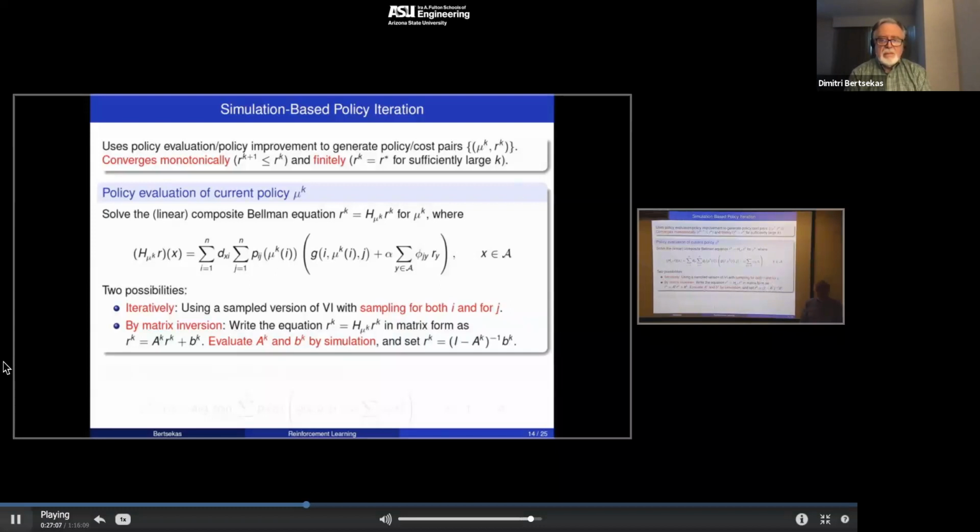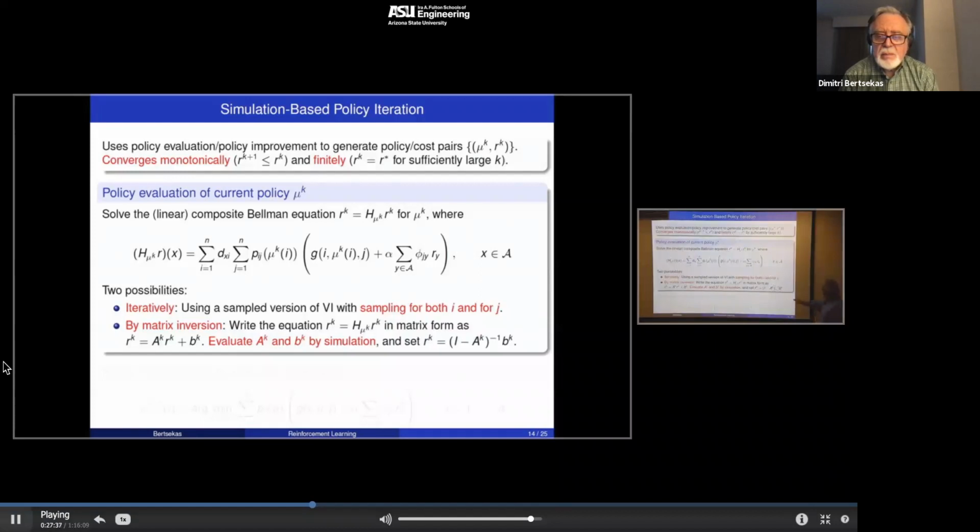I make it sound easy, but in fact, it's quite formidable. And here's one of the difficulties. There's an inversion here, and there's noise in the evaluation of this AK. Inversion does not like round-off noise or any noise, okay? It can wreak havoc. If you have a discount factor that's close to 1, then this discount factor is related to the spectral radius of this matrix.